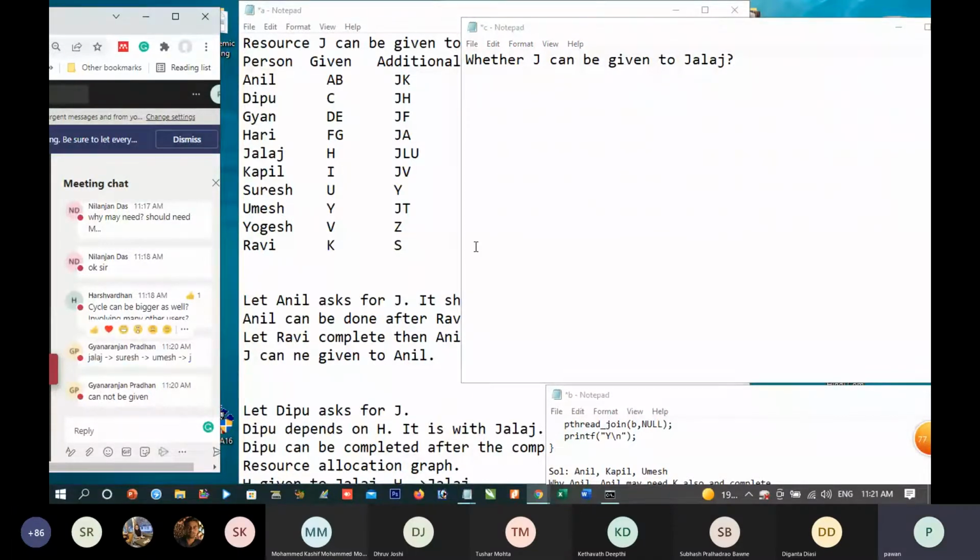It is not clear to me. Give the region. It means that J to Jalaj there will be an arrow.